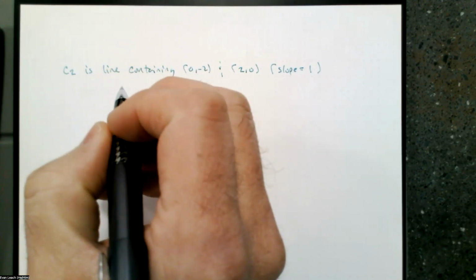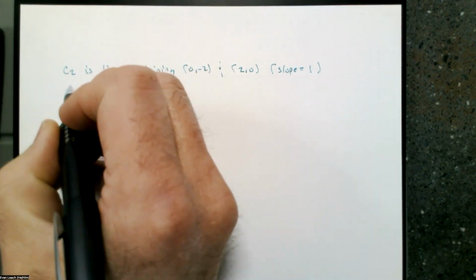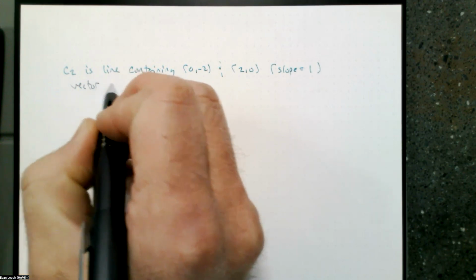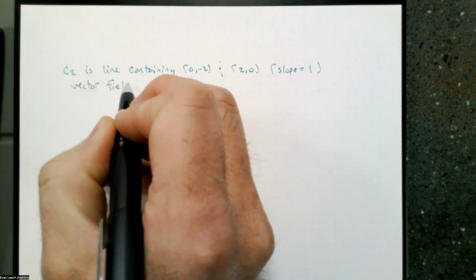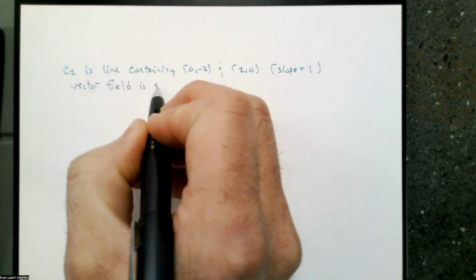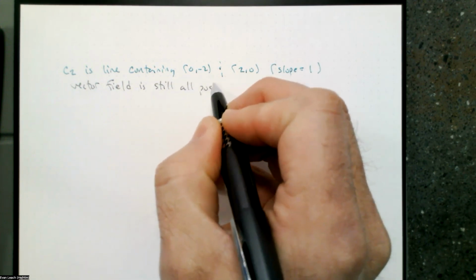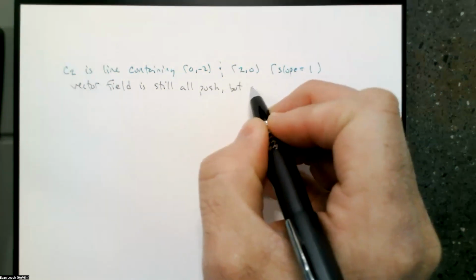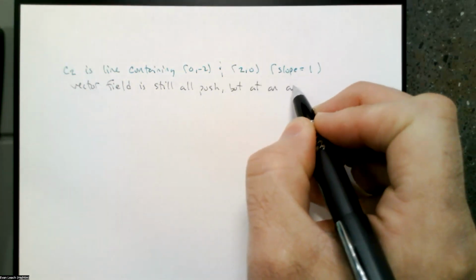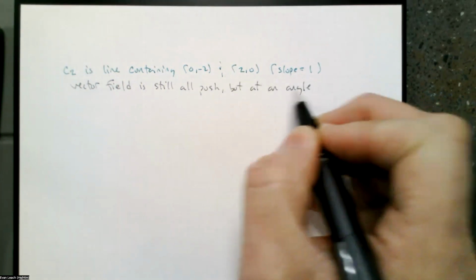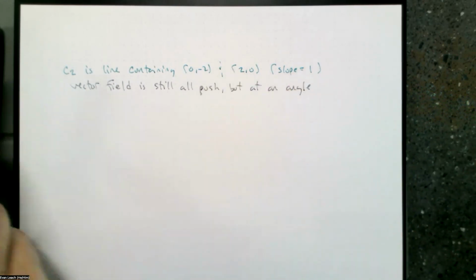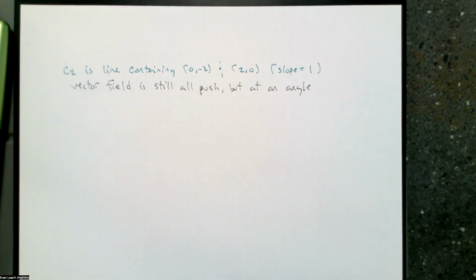So the vector field is pushing. We can think of the vector field as still being all push, but it's at an angle now.